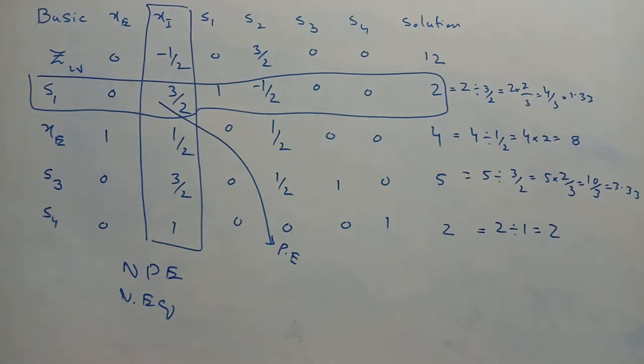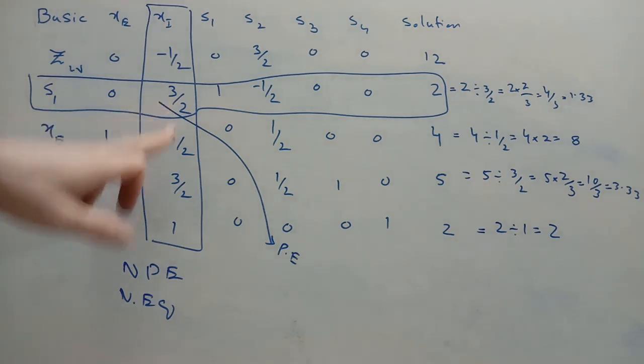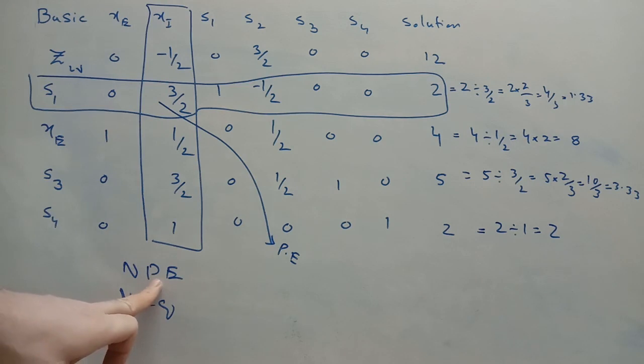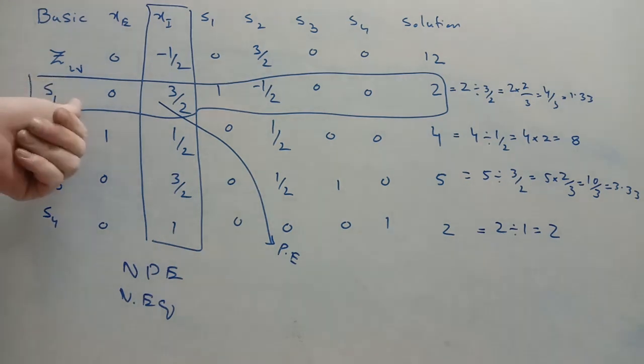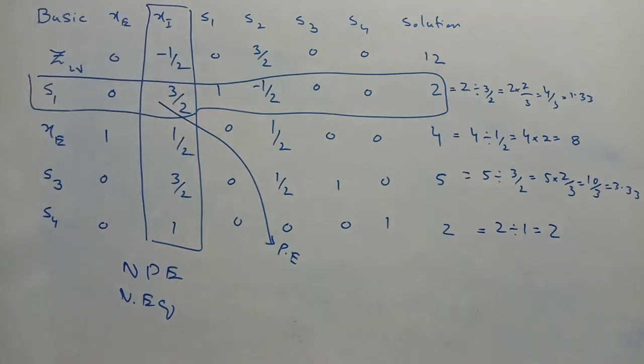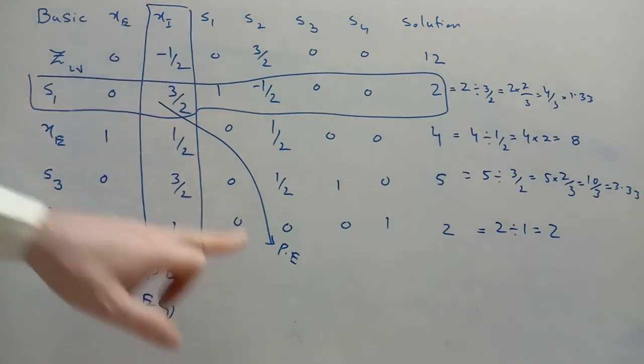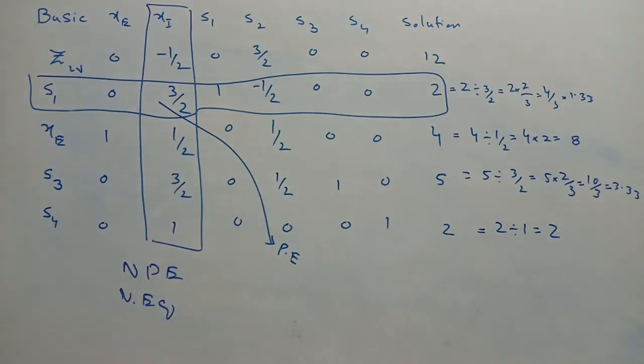Before finding the new Z, new XE, new S3, new S4, we need to find the new pivot equation first. The formula you know: old pivot equation, which is the leaving variable equation, divided by the pivot element, that is 3/2. This is your pivot element.